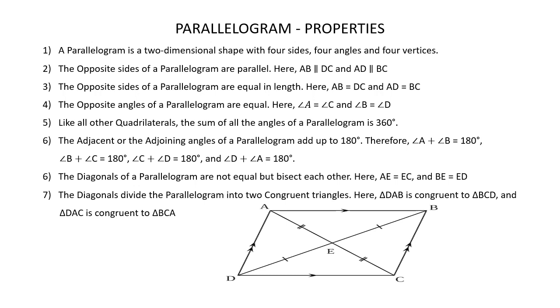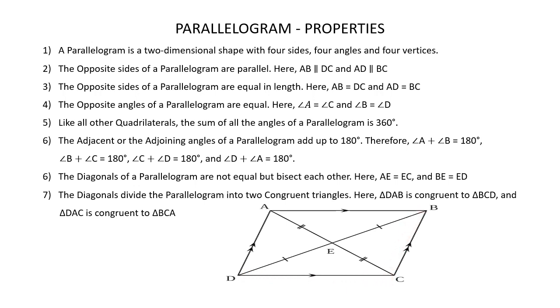So now if we consider the diagonal DB, the diagonal DB divides the parallelogram ABCD into two equal triangles DAB and BDC. So DAB is congruent to the triangle BDC.